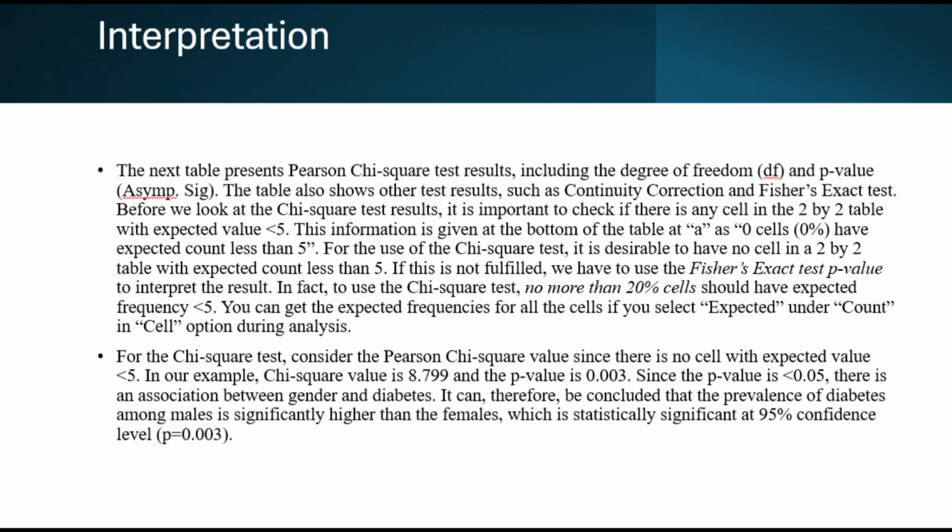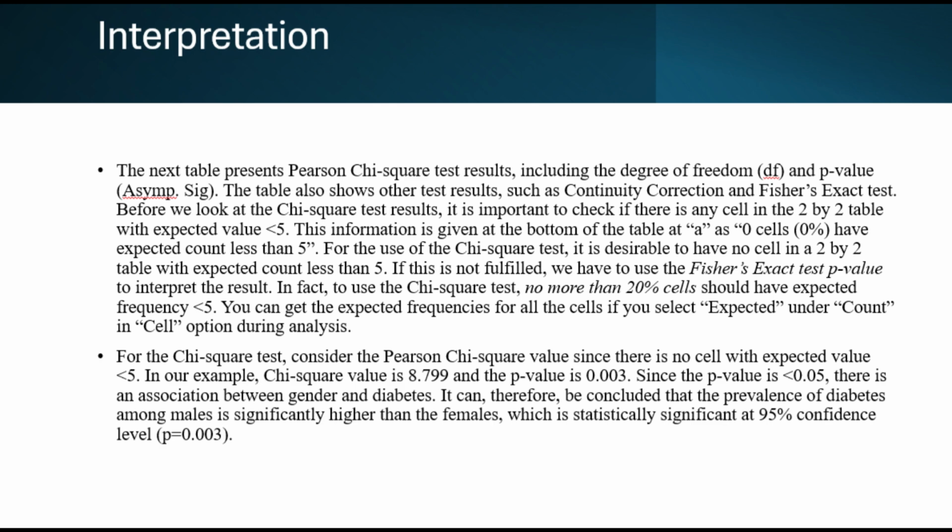You can get the expected frequencies for all the cells if you select Expected under Count in the Cell option during analysis. For the chi-square test, consider the Pearson chi-square value, since there is no cell with expected value less than 5. In our example, chi-square value is 8.799, and the p-value is 0.003.